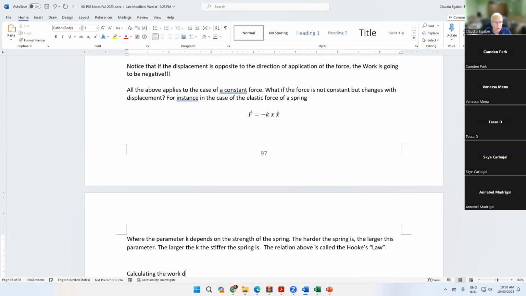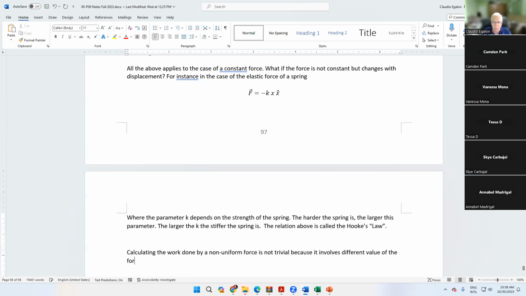Calculating the work done by a non-uniform force is not trivial, because it involves different values of the force for different displacements. Strictly speaking, you need integral calculus to find this out.